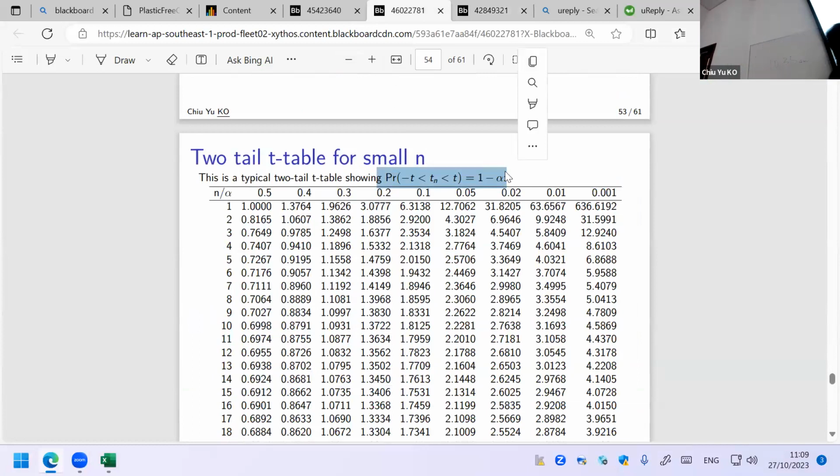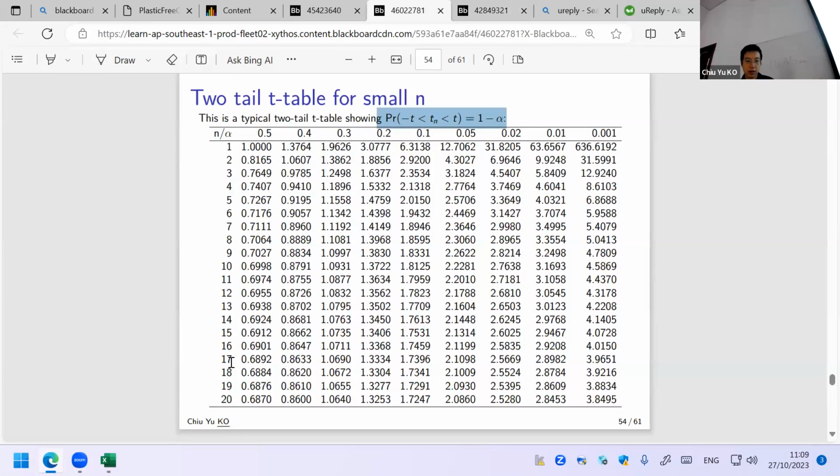It's already catered for confidence interval, right? How do we do it? Remember, go to 19. Actually this table is the T inverse table, right? Table 19. I want the area to be 95, so 1 minus alpha, right?